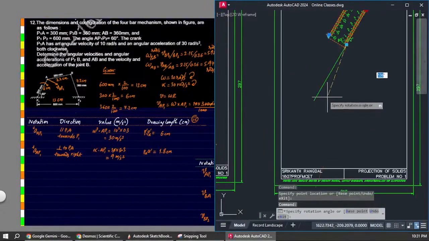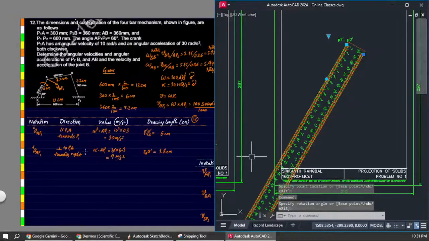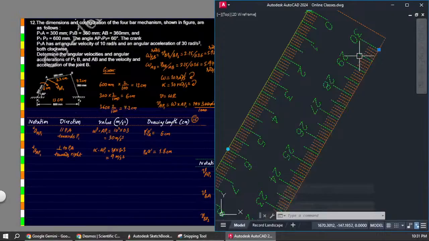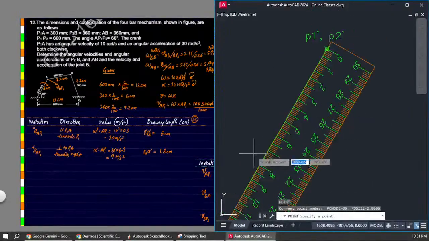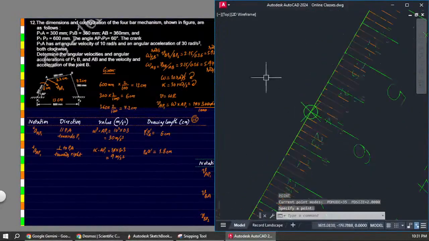This has to be 6 centimeters, so let's take this length as 6 centimeters.